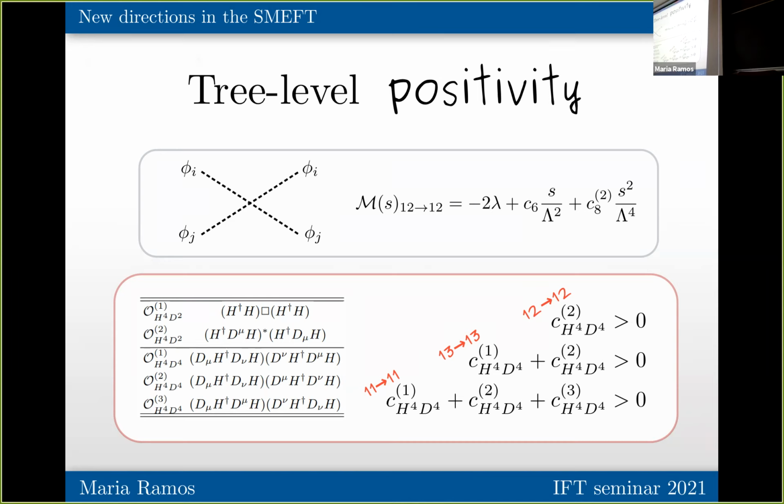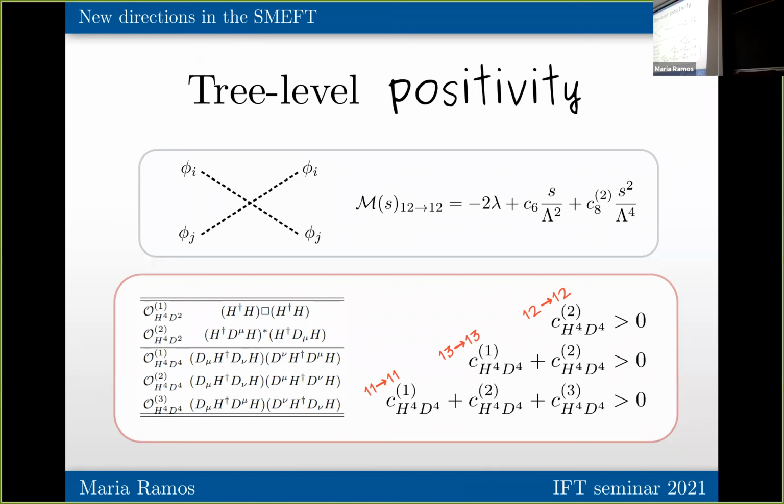What happens is that this forward amplitude has a symmetry, which is an invariance when s goes to minus s. So there is no contribution here from dimension 6. This goes away. And of course, since we are interested in the second derivative with respect to s for these positivity bounds, the standard model does not play any role here. So in this case, scattering these components, you are only sensitive to this C2, which is defined here below as the second operator in the class Higgs to the fourth, D to the fourth.